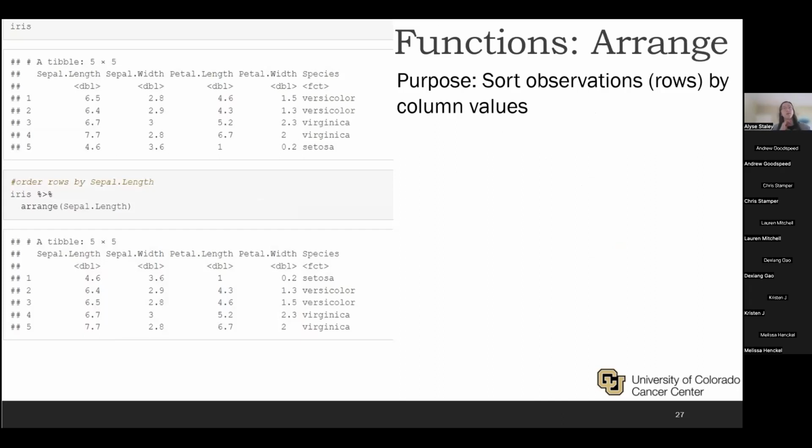It's also helpful, especially for creating tables and other kinds of presentations of your data, to be able to sort your observations or rows by given column values. This can be done with the arrange function. So if we arrange by sepal length, then we are going from smallest to largest sepal length.